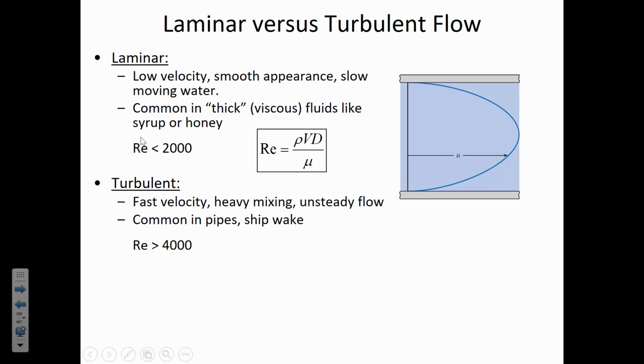And so what we'd say is we have a graph of Reynolds number. So here is 0 Reynolds number, and here's 2,000, here's 4,000. So we're saying that this is the laminar region, this is the turbulent region, and here is transition.